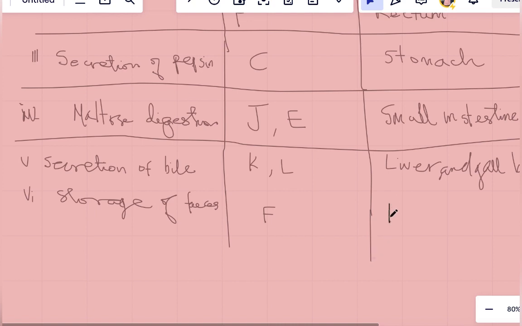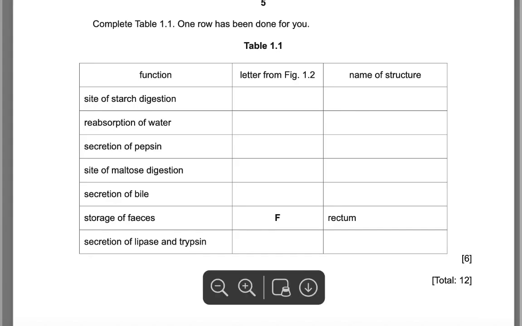The organ responsible for it is called rectum. Okay, then the last one is the secretion of lipase and trypsin.